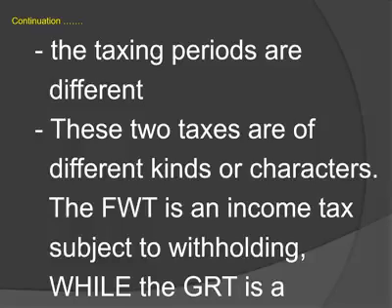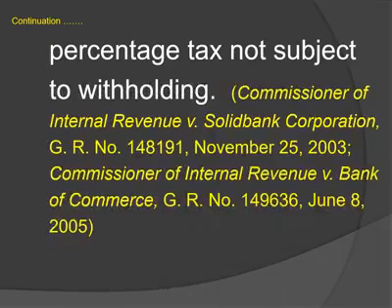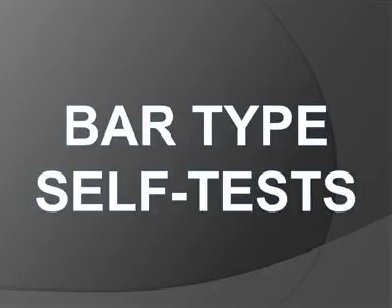These two taxes are of different kinds or characters. The final withholding tax is an income tax subject to withholding, while the gross receipts tax is a percentage tax not subject to withholding. So take note of the point of distinction between them, and also remember that this area is very, very dangerous for you. In fact, the whole area of double taxation is very, very dangerous.